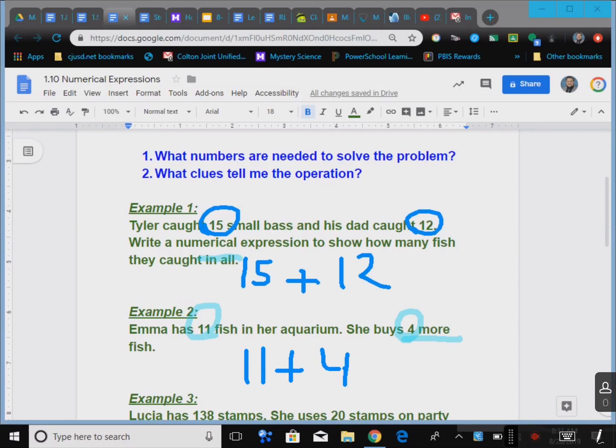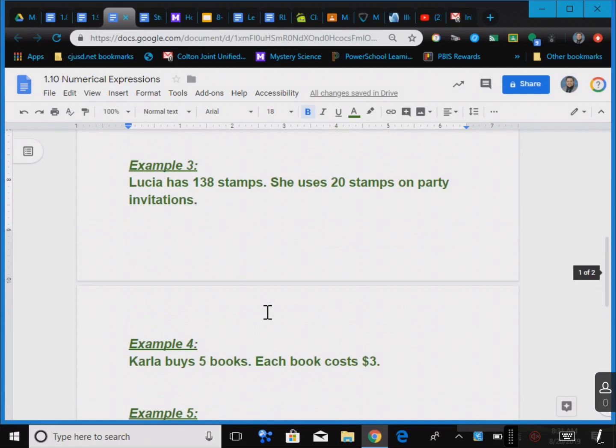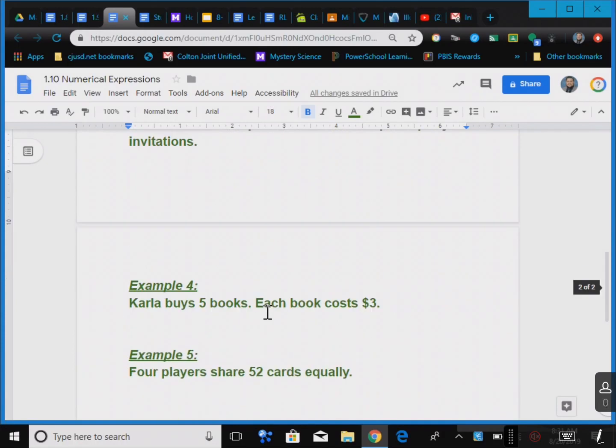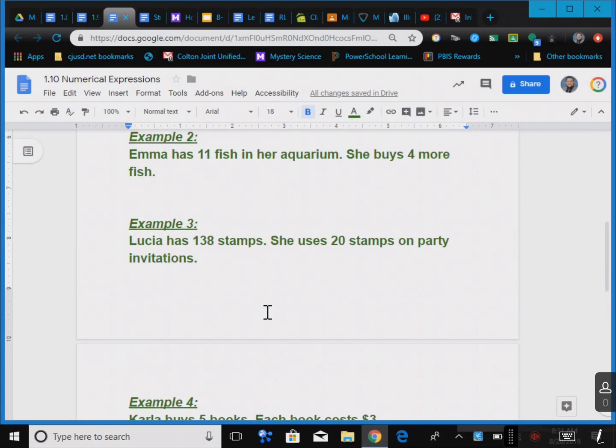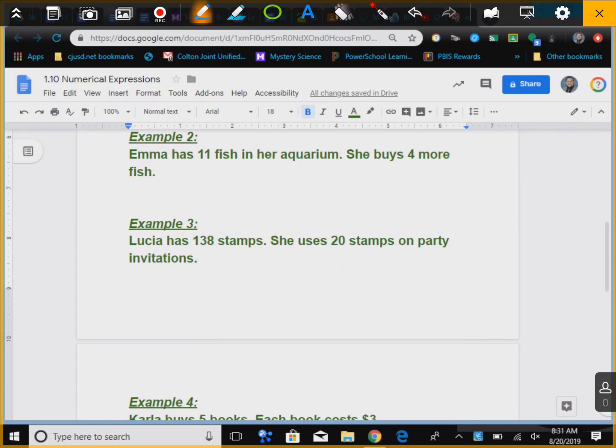All right, let's go to example number 3. I was hoping I could get all the examples up here, but that's fine. We'll do example number 3, and then we'll do 4 and 5. Example number 3 says, Lucia has 138 stamps.